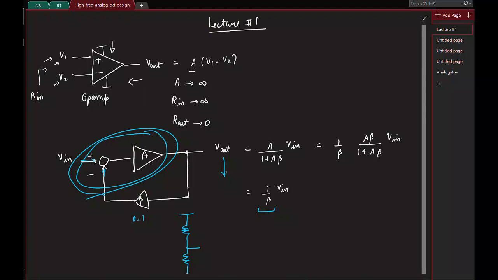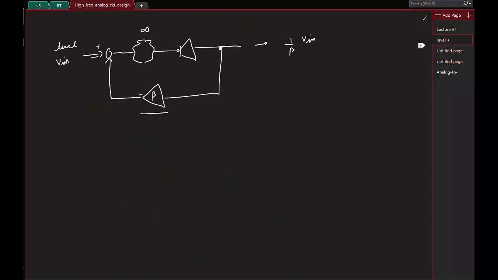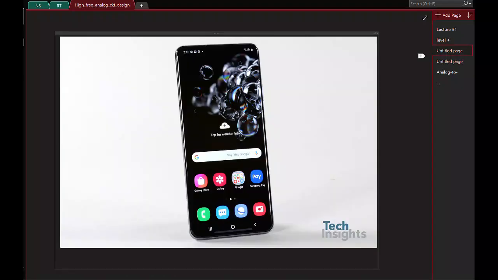Okay. And now, if you think about where do I see these op-amps or negative feedback loops in real life, my answer will be to just look at your smartphones. So actually, don't look at your smartphones, look at this screen here. This picture I've taken from Tech Insights. This is the Samsung Galaxy S20, released a couple of years back.